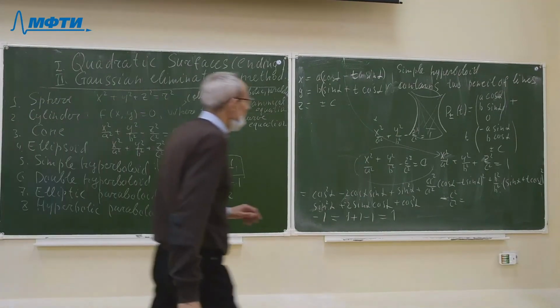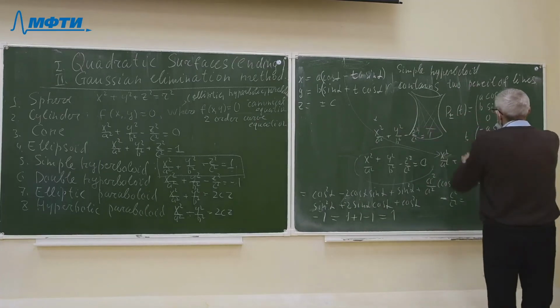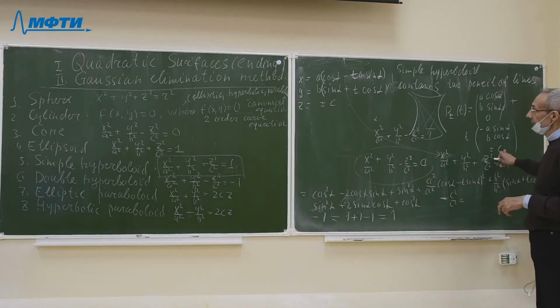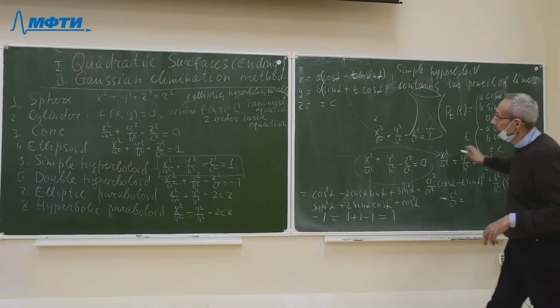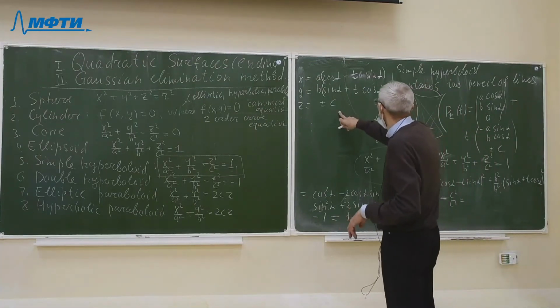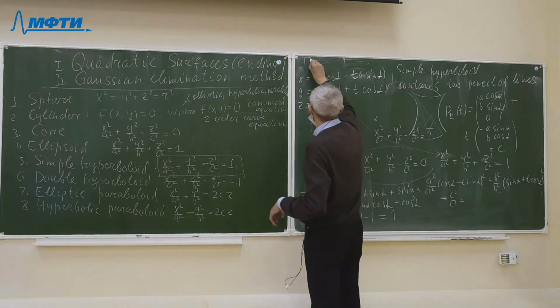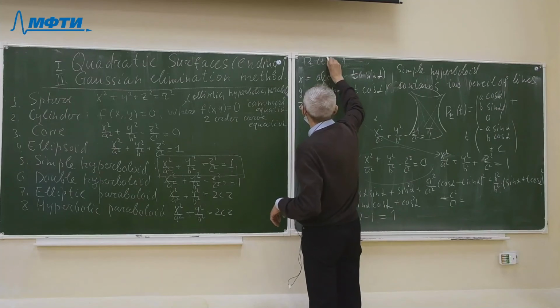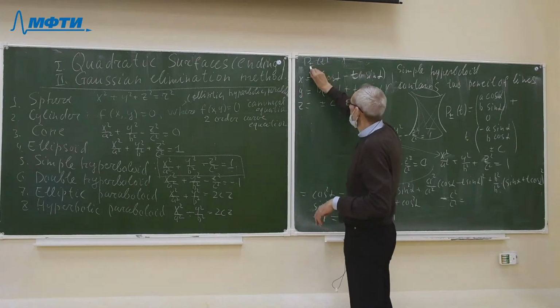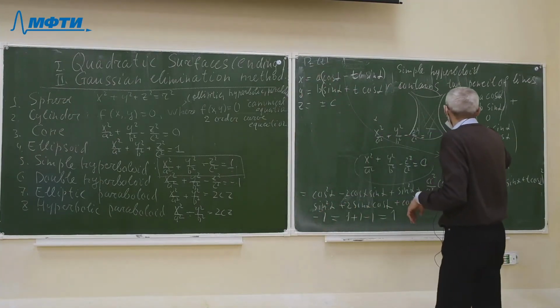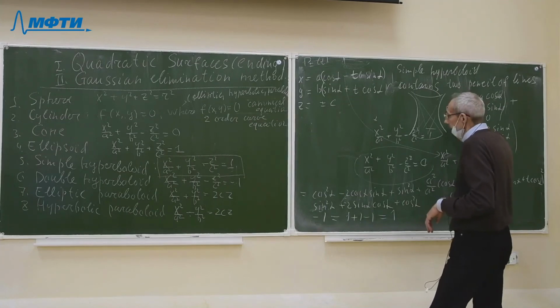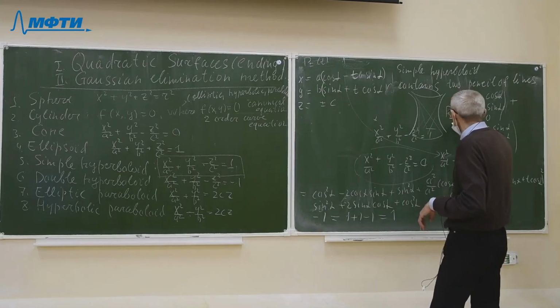Could you please explain what is P plus minus t? We have two families. This is the equation of a straight line in space.